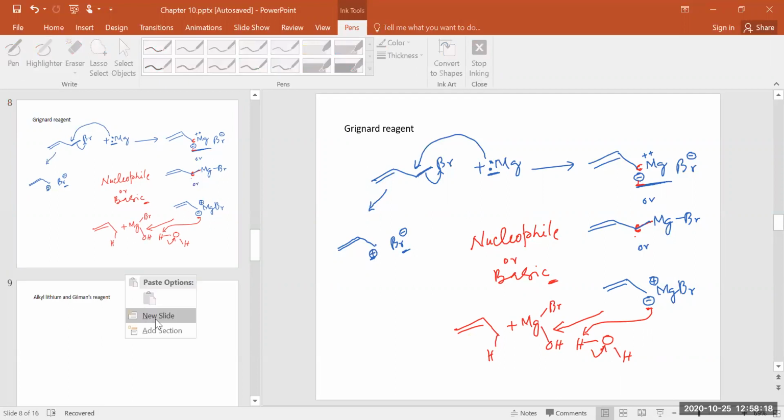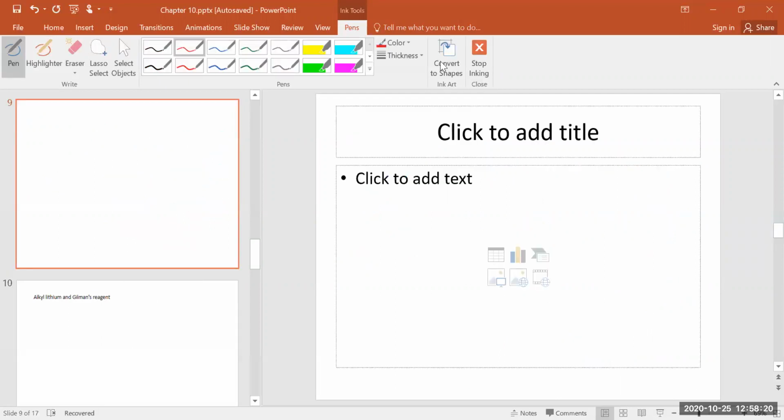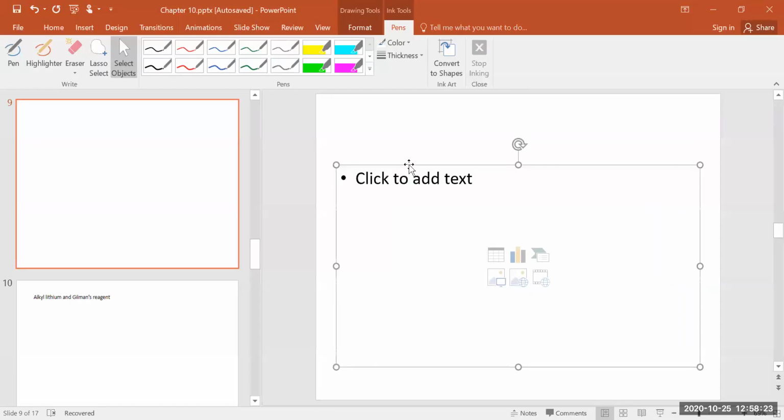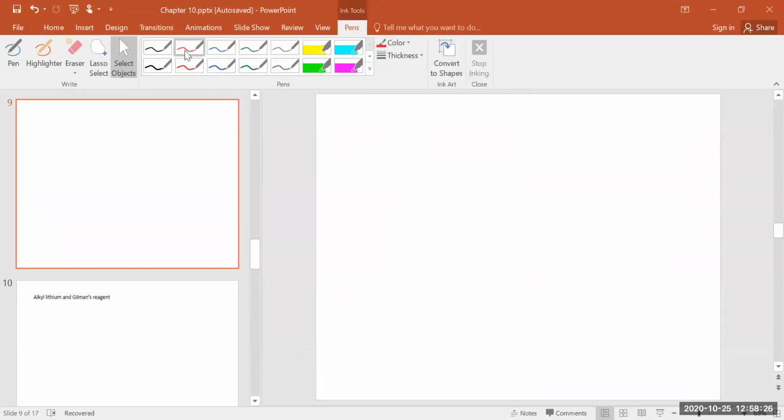I'll give you another example. Let's say you have benzyl chloride, you put magnesium, so you will get the magnesium chloride.